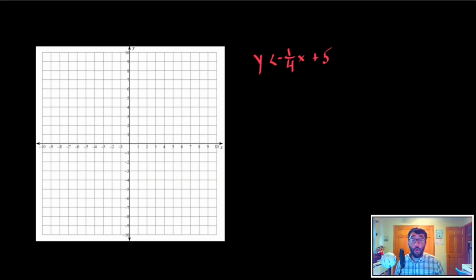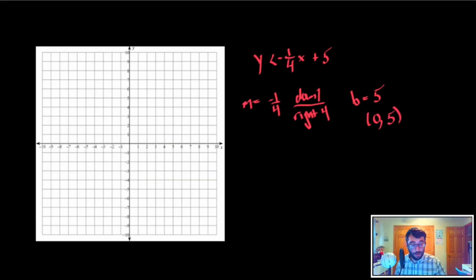So once again, we're going to start this as if we were just graphing a normal line. So we're going to be using the slope, which in this case is negative 1/4, which means we will be going down 1 and right 4, okay? And the y-intercept is 5, which is the point (0, 5).